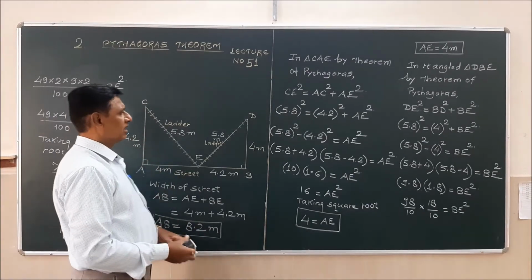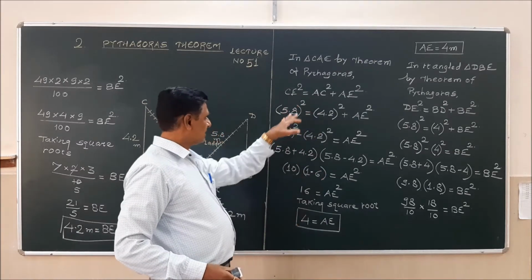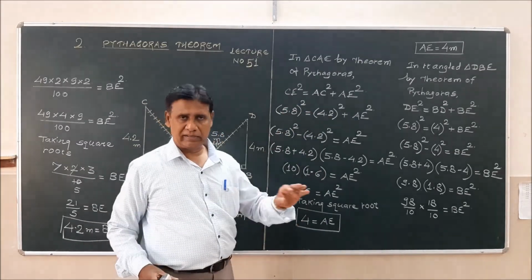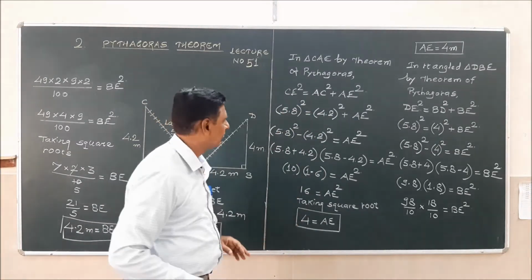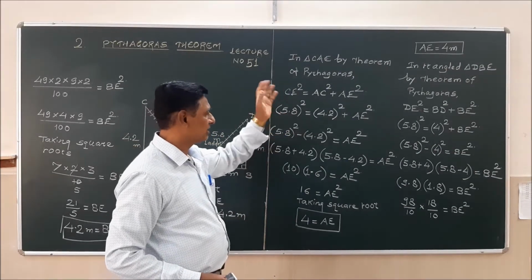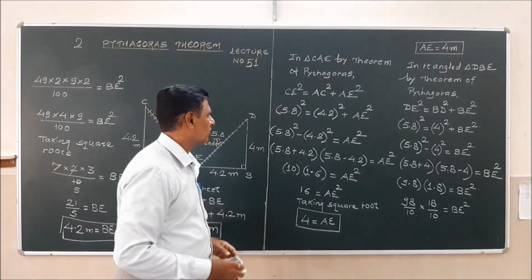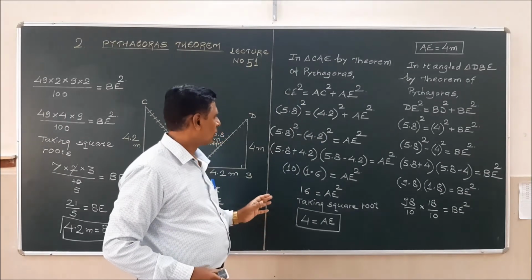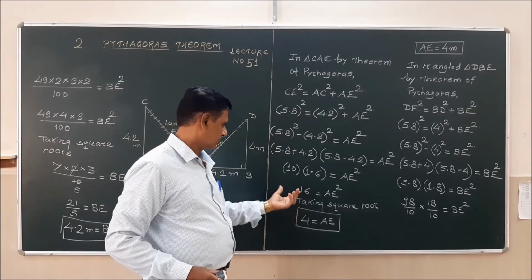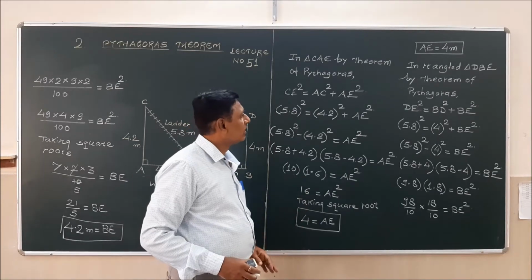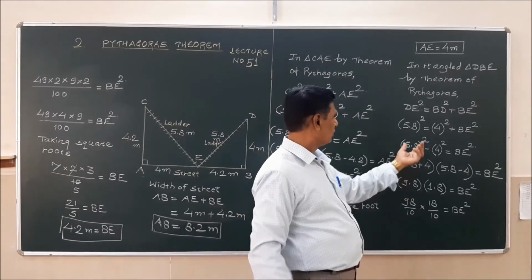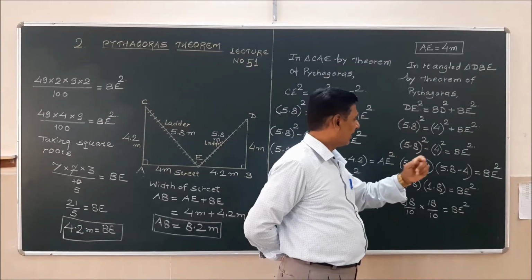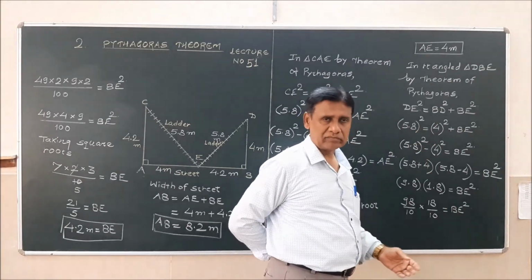If you find this process very lengthy, you can surely go ahead with the one way that you have to find out the square of 5.8, then from that subtract the square of 4.2 and straight away you will get 16 and 4. Here also the same way you can do, find out the square of 5.8, subtract 16 from that.